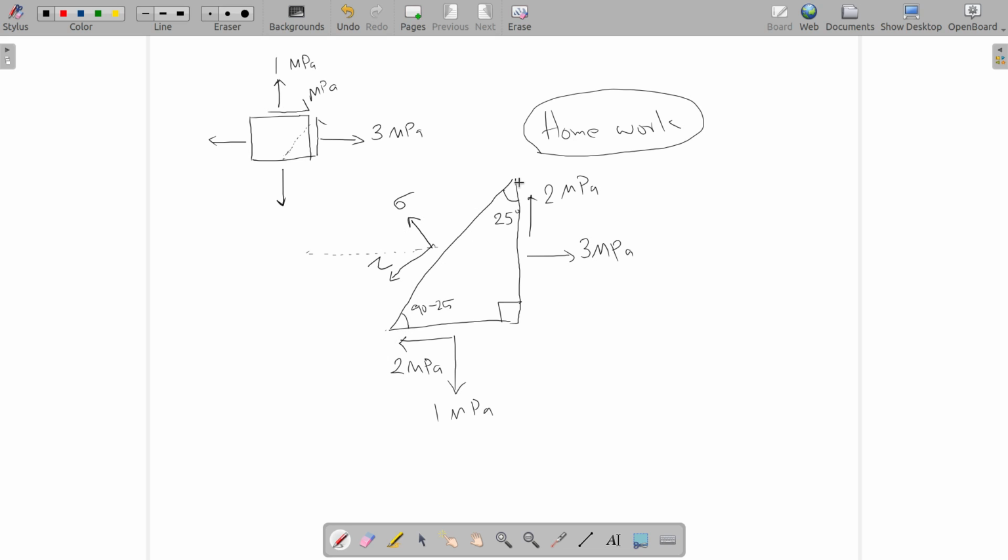If you take this as 1, the area should be 1 cos 25. This should be 1 sin 25. So that's how you find out sigma and tau here. For this particular problem, please find out these values sigma and tau by the next class.